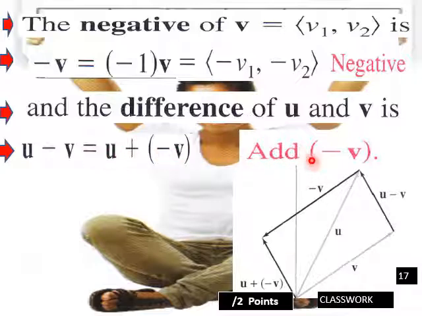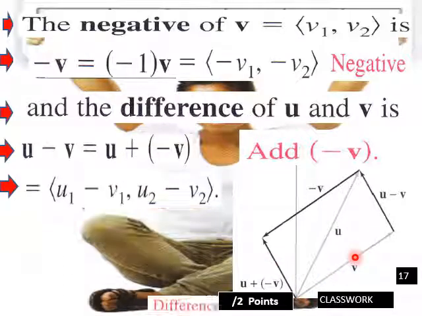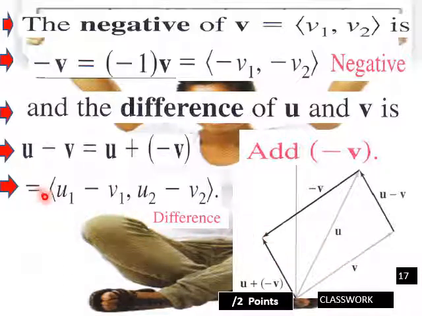So this would be adding negative v to this. So you have u here, and then u minus v would be this length. Then here's your v, negative v. Then u plus a negative v would be here. And then here would be your positive v. So <u1 minus v1, u2 minus v2> will be your difference.